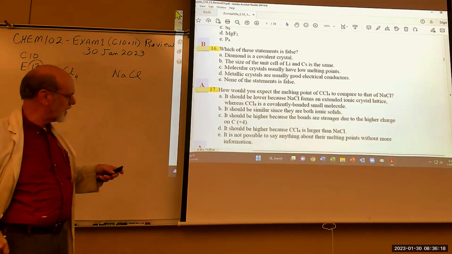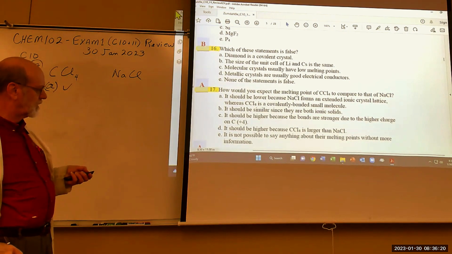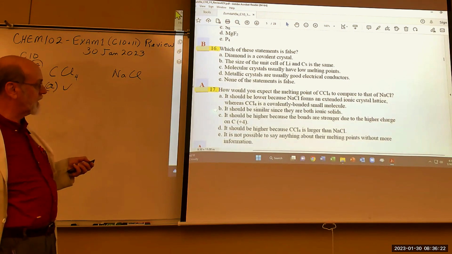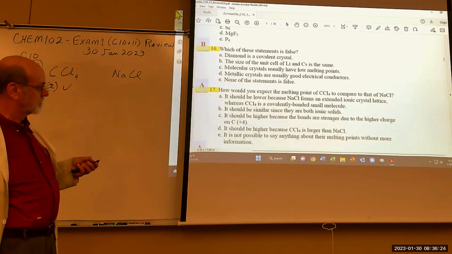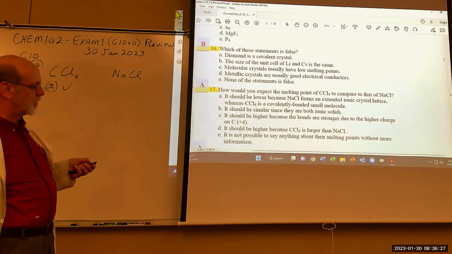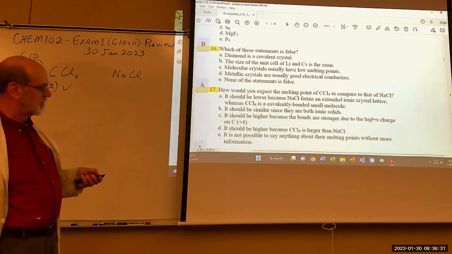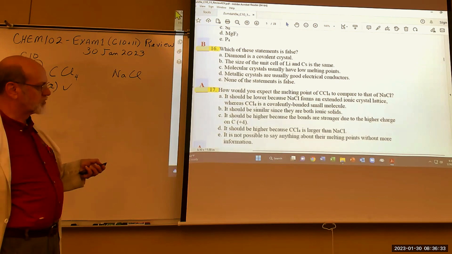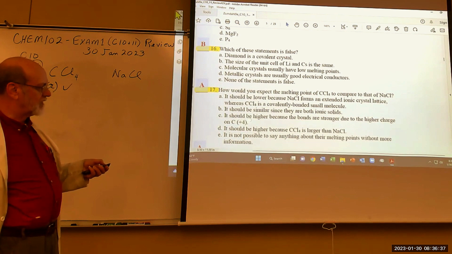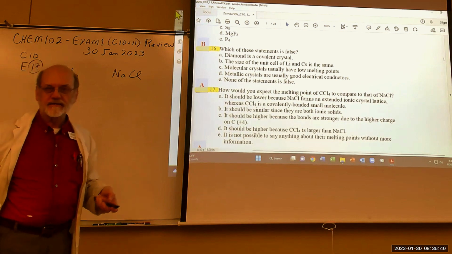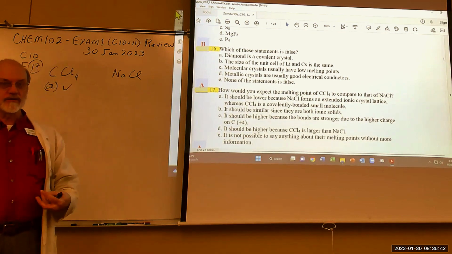Let's see, we got any oddballs down here? No, we found the right answer. They're not both ionic solids. There's no charge in this one, right? Now that's not a charge, that's a formal charge.